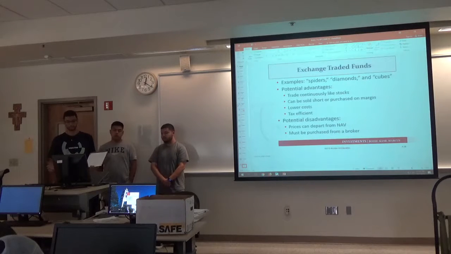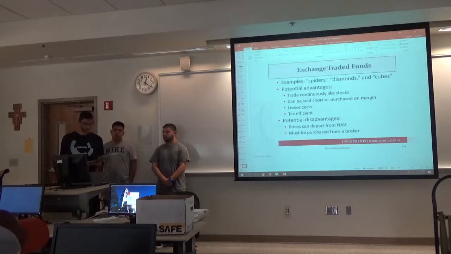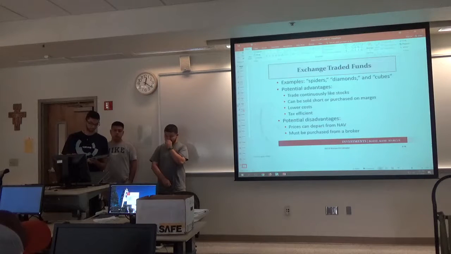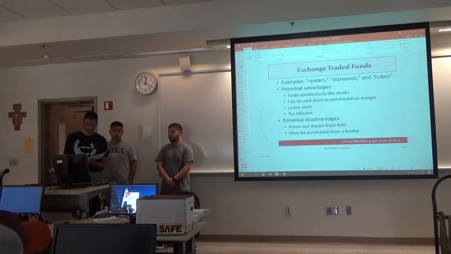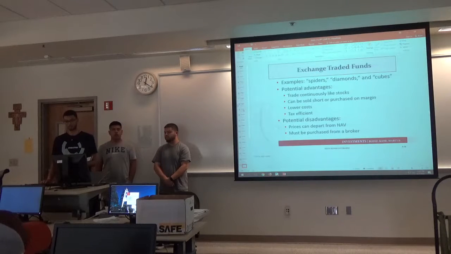ETFs, common examples are the spiders, diamonds, and cubes. Spiders track the S&P 500, QQQ is the cubes, and the diamonds are the Dow Jones. ETFs are traded continuously like stocks, as you know. They can also be sold short and purchased on margin.